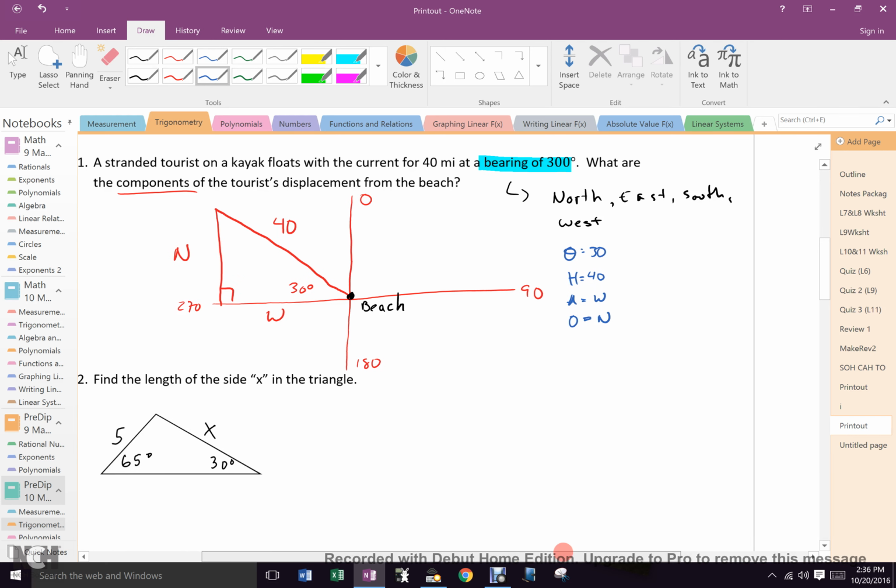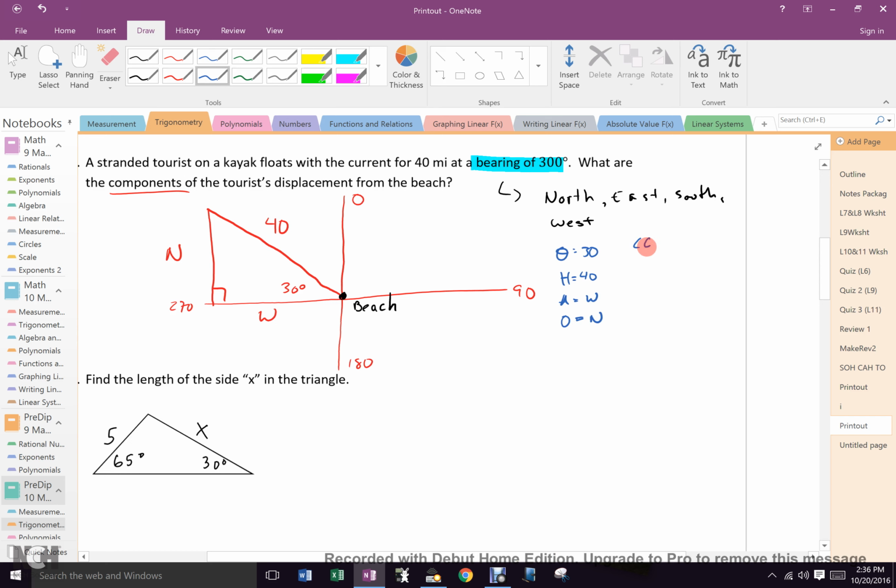So all I have to do is sine and cos. Cos 30 equals W over 40, and sine 30 equals north over 40.